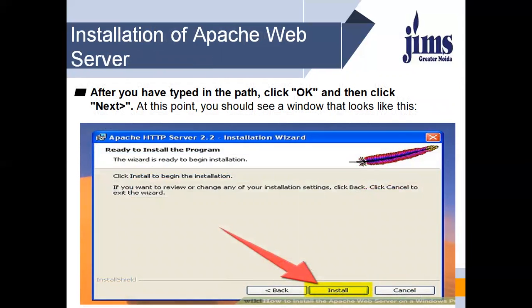Then this dialog box will appear, ready to install the program. You have to click the install button to begin the installation. If you want to review or change any of your installation settings, you click the back button, or click cancel to exit the wizard. We want to install further, so we click on this install button.